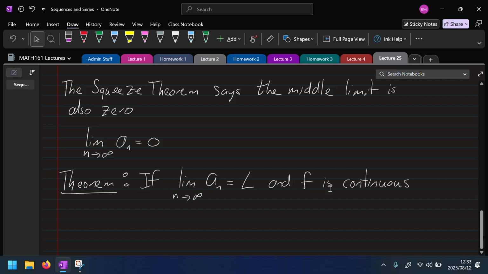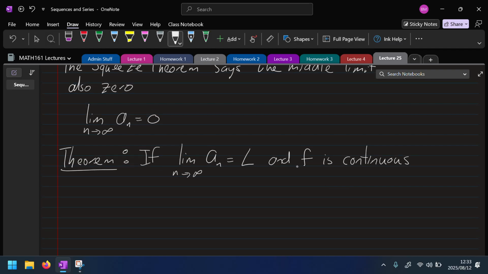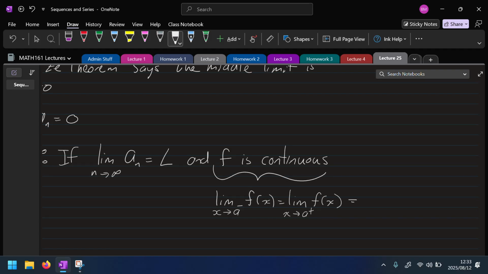Good. Okay, so if f is continuous, we know that the limit as x goes to a minus of f of x equals the limit as x goes to a plus of f of x equals the limit as x goes to a of f of x equals f of a. I'll just put the little definition at the bottom here. So this first part in pink is for the limit to exist.